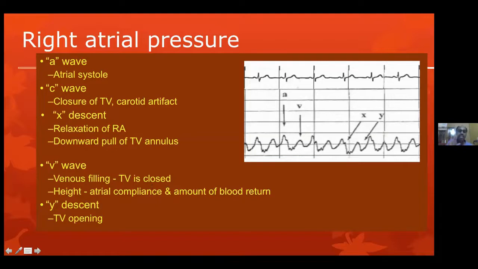If the atria is very, very compliant, the V waves will be smaller. If the atria is non-compliant, V waves will be very tall.